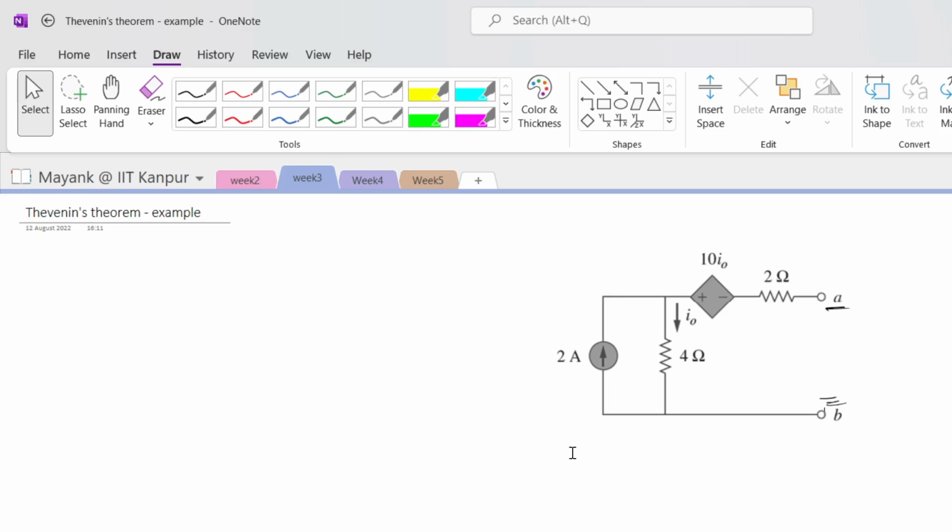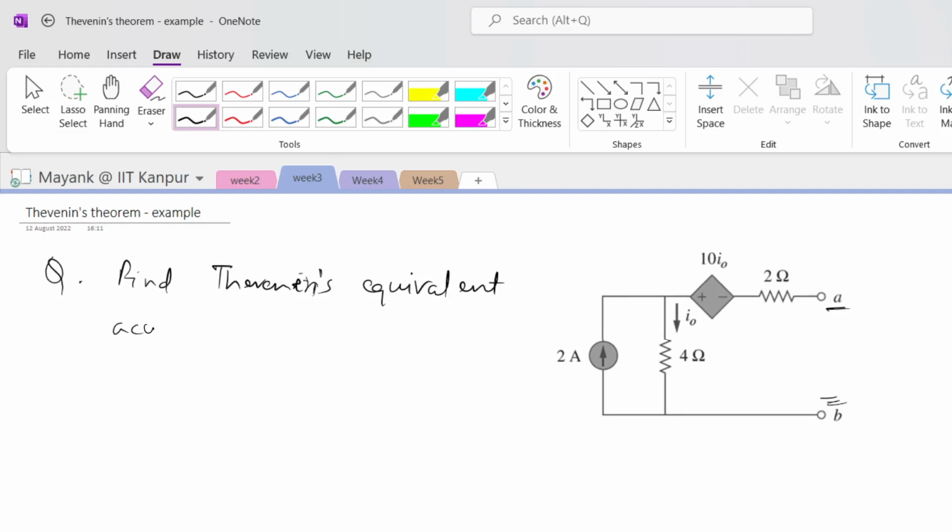Okay, fine. So I will be discussing this question now. So in this question, the question is: find Thevenin's equivalent across terminals A and B. Fine.